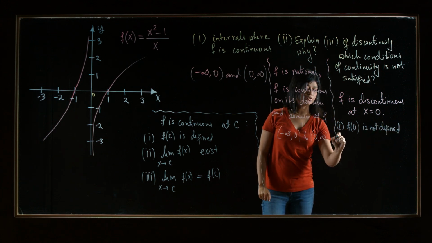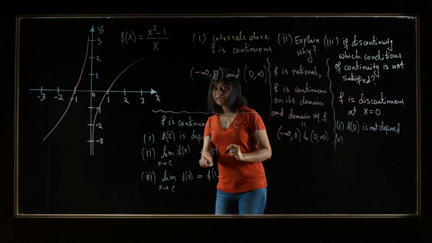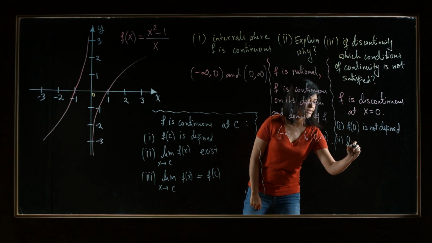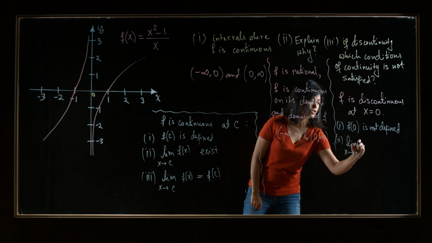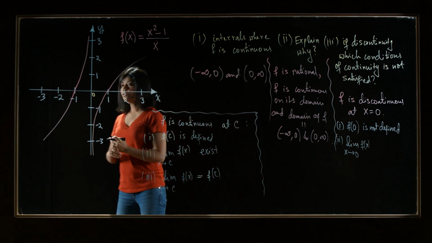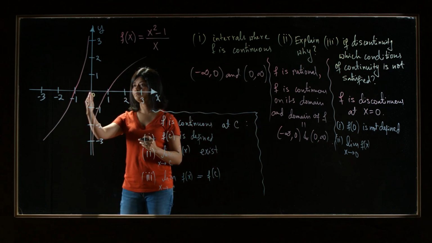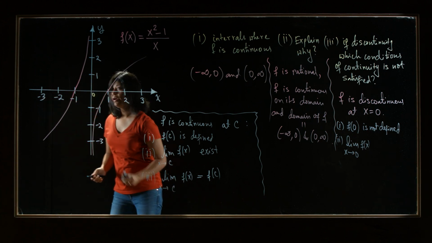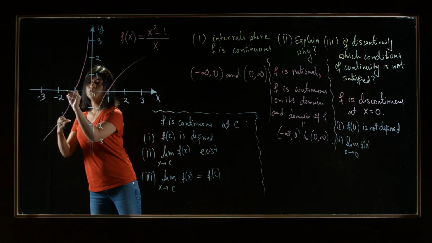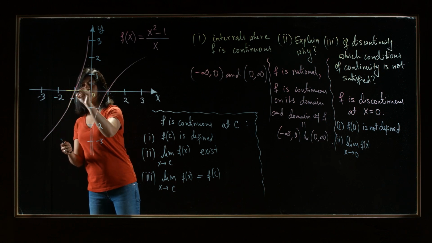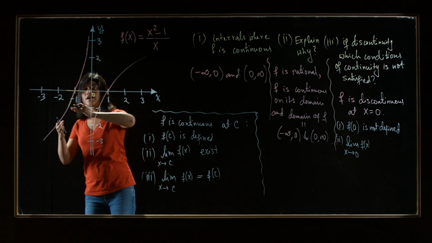Okay, how about number 2? Is the limit as x approaches 0 of this function, does the limit exist? Let's look at the graph. What about the left-hand limit? When x is approaching 0 from the left side, the function is going up and up and up.